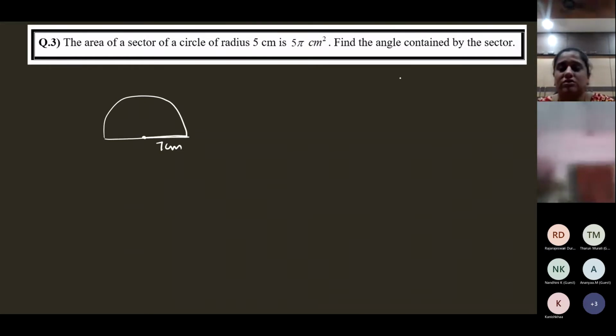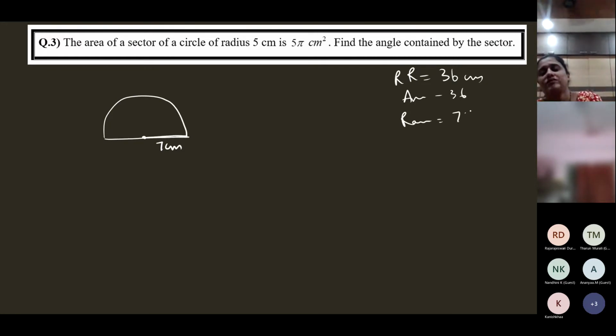Okay, 36. I got 36 from Rajarajeshwari. Okay, 36. Ananya also 36. Then Ram, what did you say? 77, is it? Okay, then others.